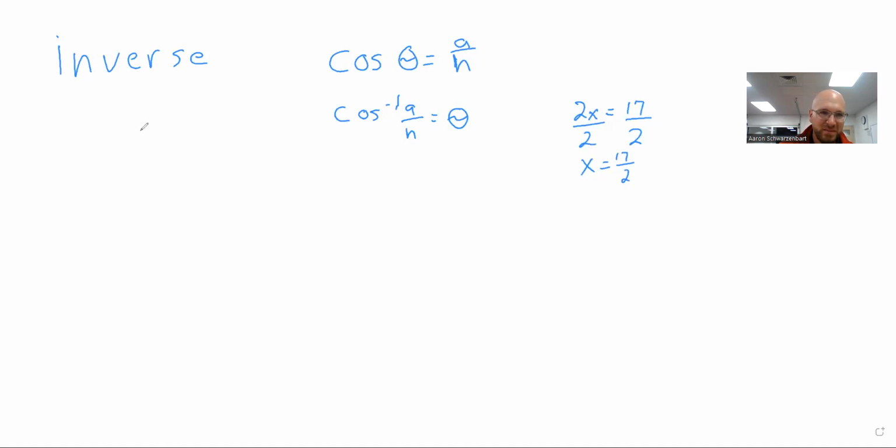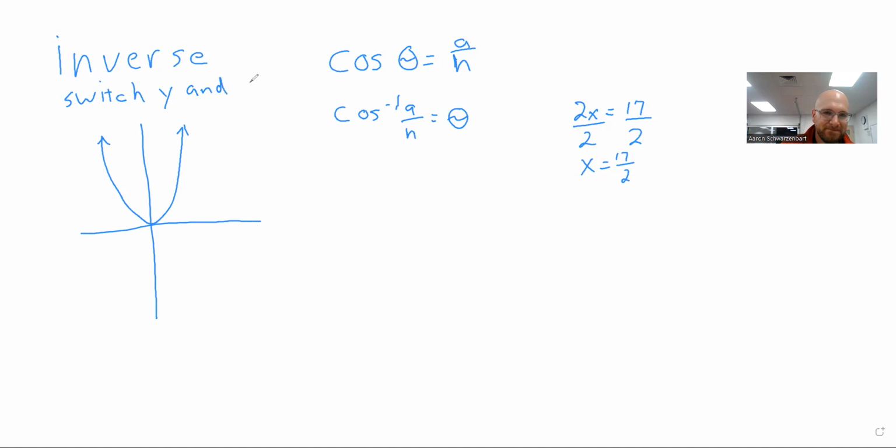Okay. The other thing we can talk about for inverses is they switch y and x. So if I give you a table, I'm going to call it a relation.